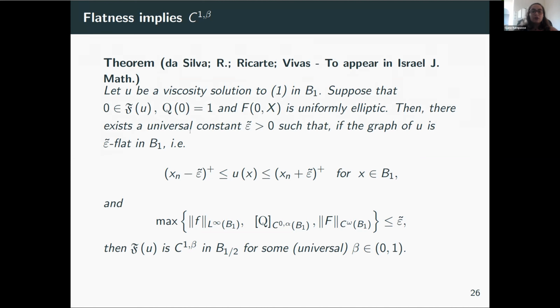So there exists a universal constant epsilon tilde, such that if the graph of U is epsilon tilde flat in B1, and the maximum of these three norms is small, by epsilon tilde, then the free boundary is of class C^{1,β} in B_{1/2} for some universal β between 0 and 1.